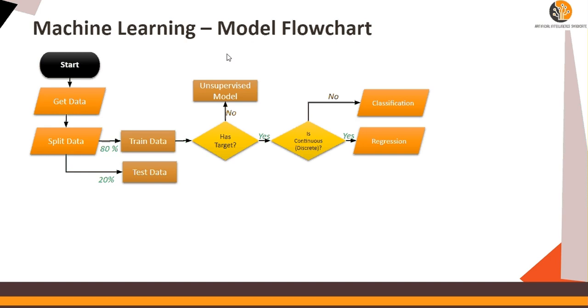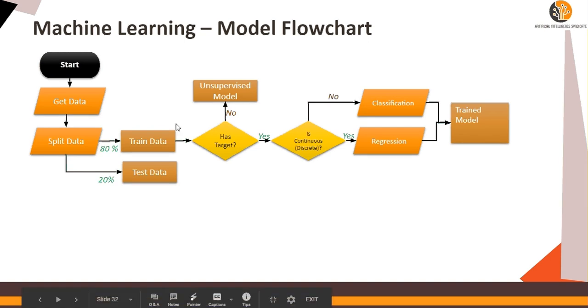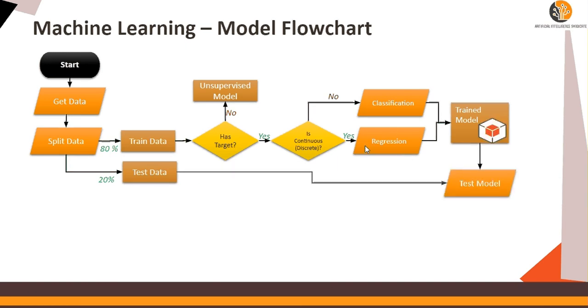So now we have to train the model. In this particular video we are going to discuss splitting the data set, and in the next video we are going to discuss the regression problem. Once it is done, we will test the model using the test data set, and that is why we need that split. Once we have created the model and done the testing, we will evaluate how good the model is.